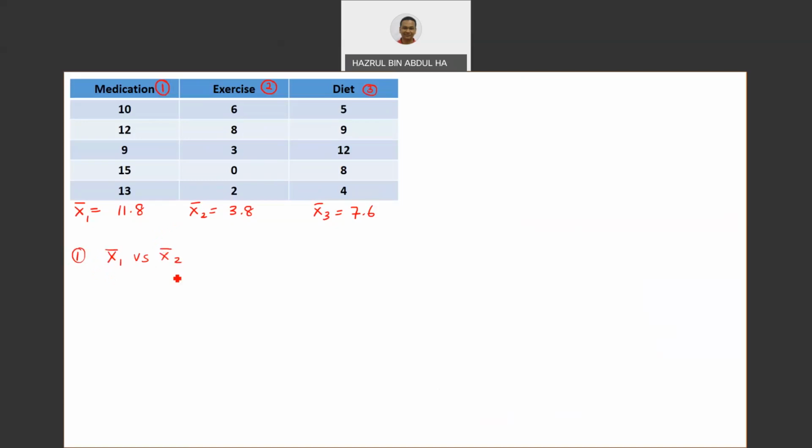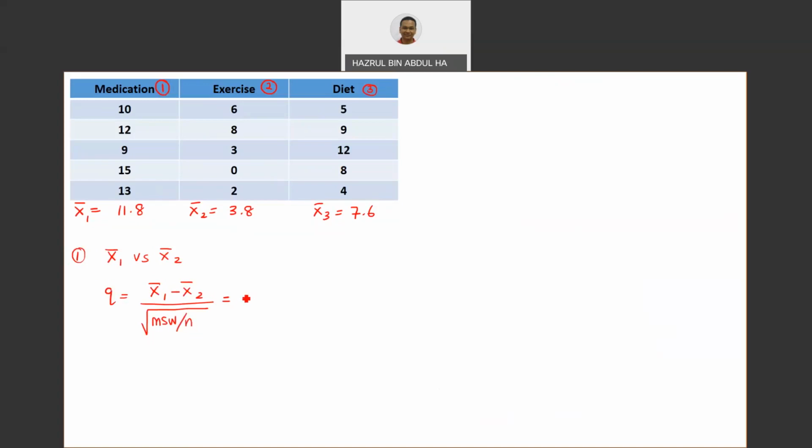For the first pair, you compare the mean of the first group and the mean of the second group, between medication and exercise. So Q is equal to x bar 1 minus x bar 2 divided by the square root of MSW divided by n.